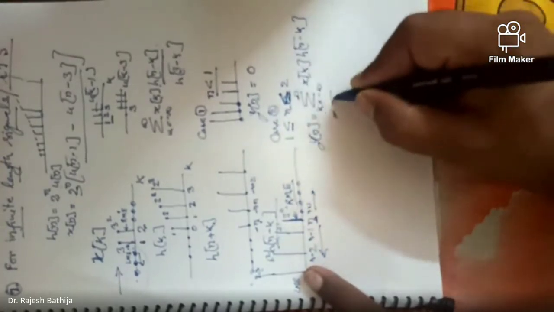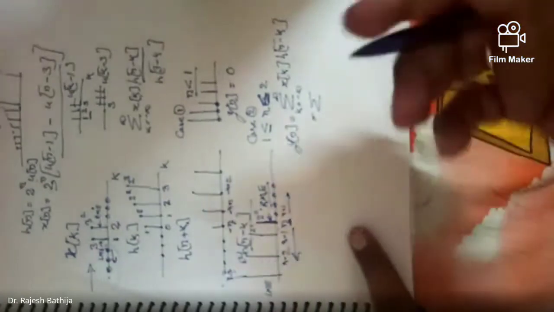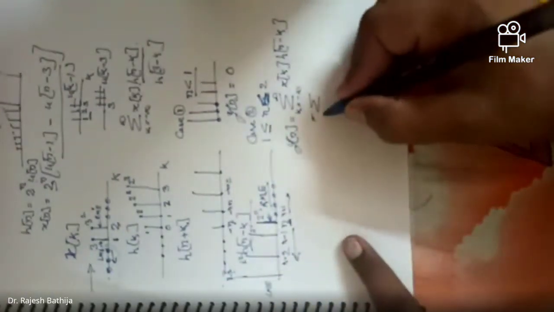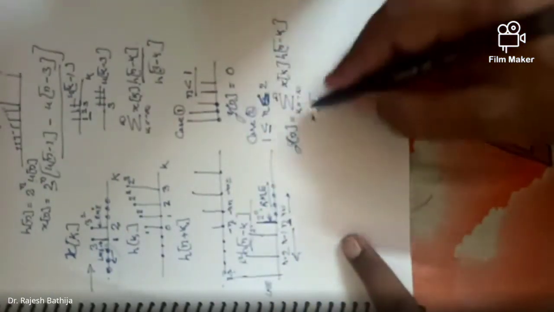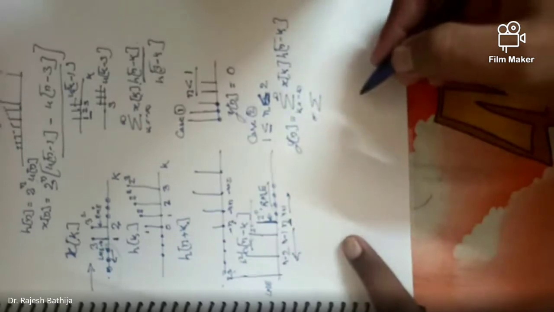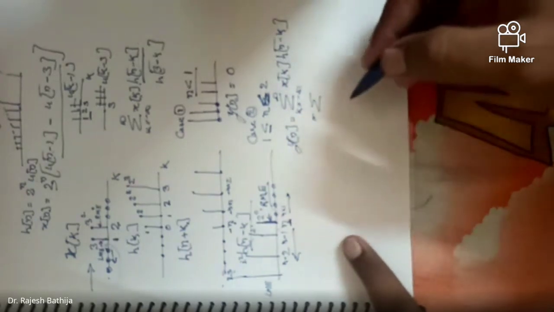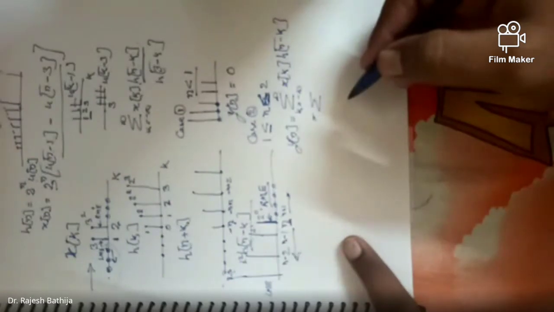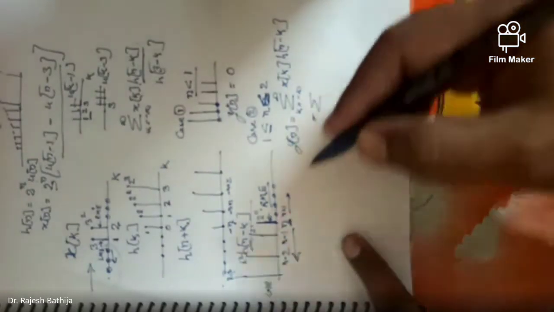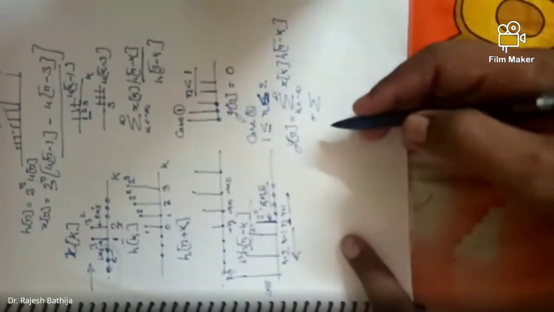Right? Now, tell me, somebody from your side, what should be the k values for which this product will be non-zero? It is only 1 and 2.